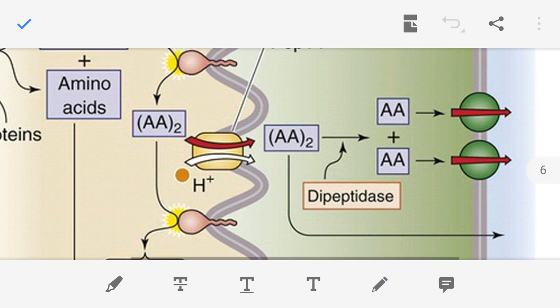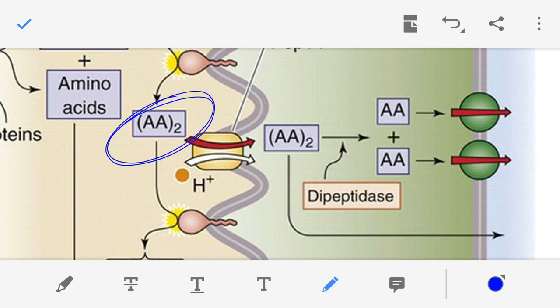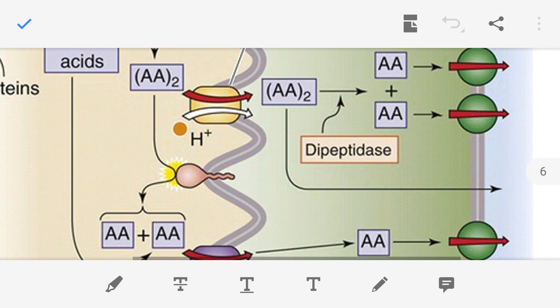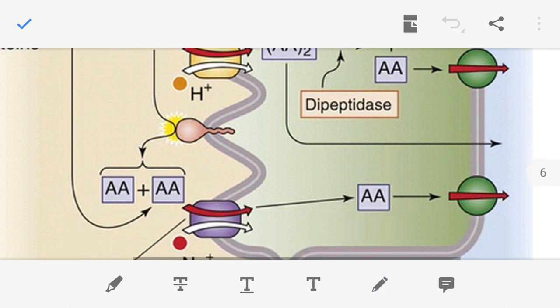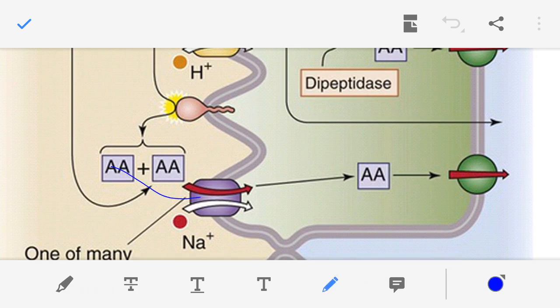And what happens to this AA2? There are two routes for AA2. The dipeptide can enter into the cytoplasm, or it can be further digested by peptidase. The dipeptide is acted upon by peptidase, the peptide bond is broken down, and we get amino acid plus amino acid, and these amino acids enter into the cytoplasm.